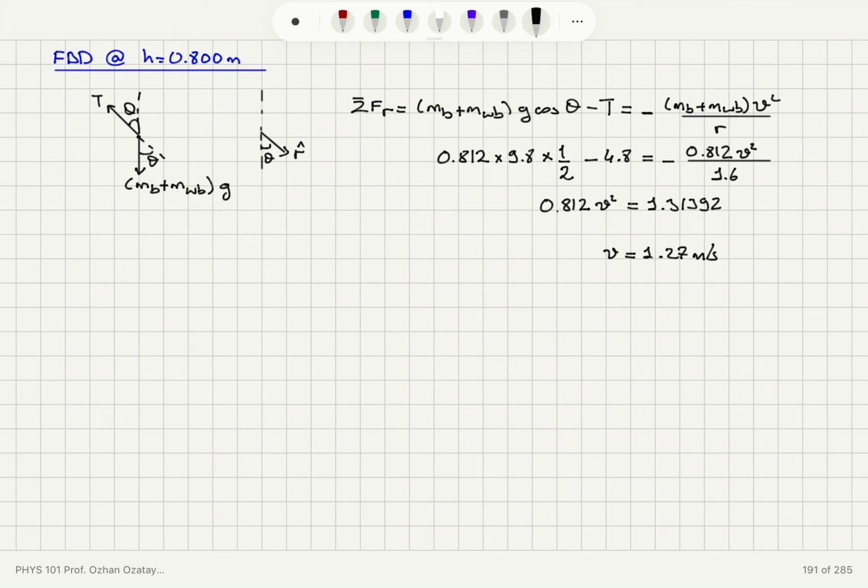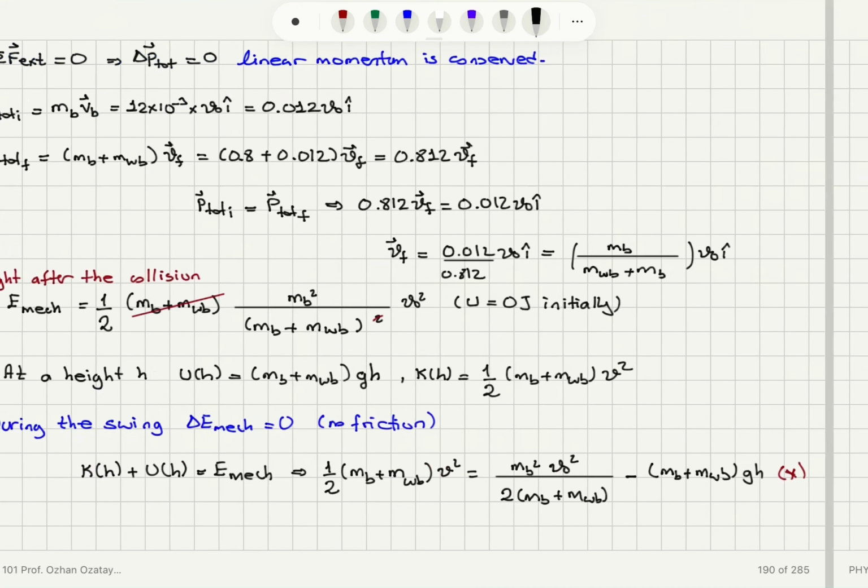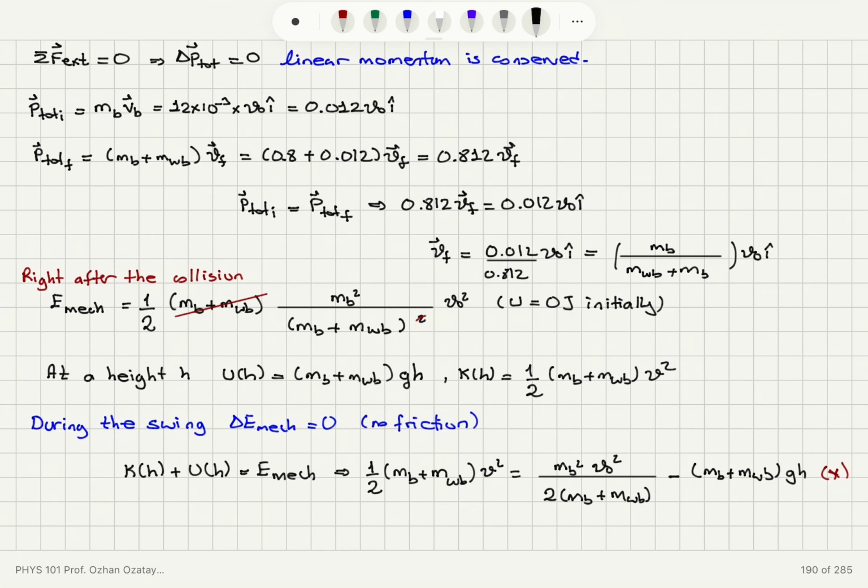So if we basically combine this result with the star equation, we can write, from the star equation, for v square, we are substituting our new result.